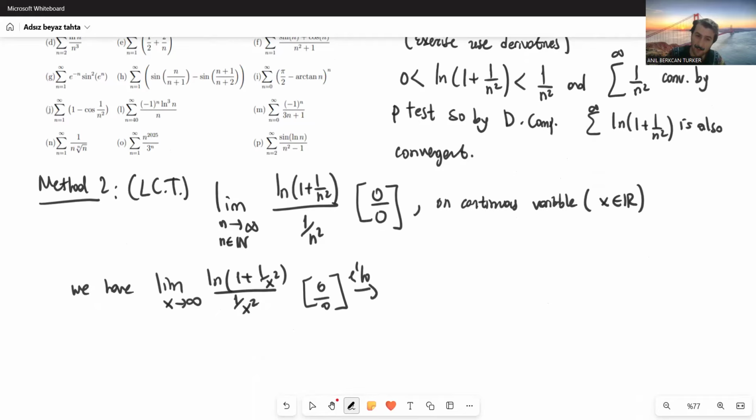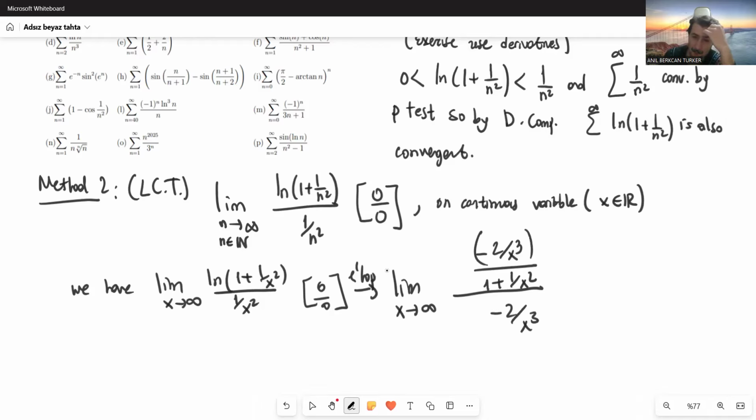Apply L'Hopital's rule. So it is the limit as x goes to infinity. Take the derivative of the numerator. We have minus 2 over x cubed over the inside, this is the inside derivative. And in the denominator, we have the same thing, this derivative, so minus 2 over x cubed.